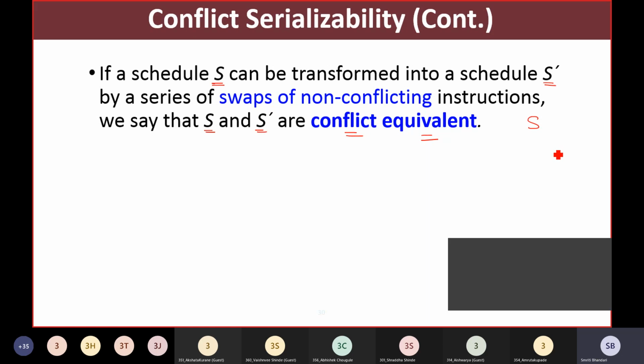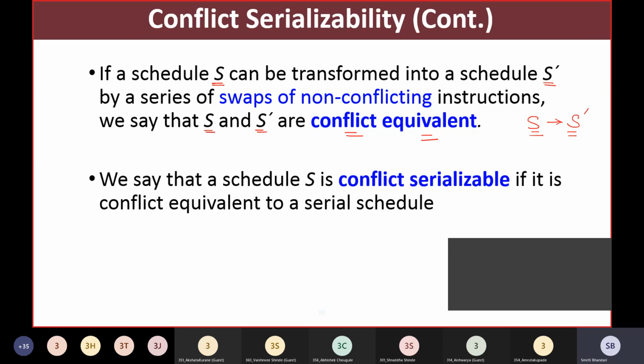I can swap the sequence of the non-conflicting instructions and come up with another schedule S dash, so these two schedules are conflict equivalent.